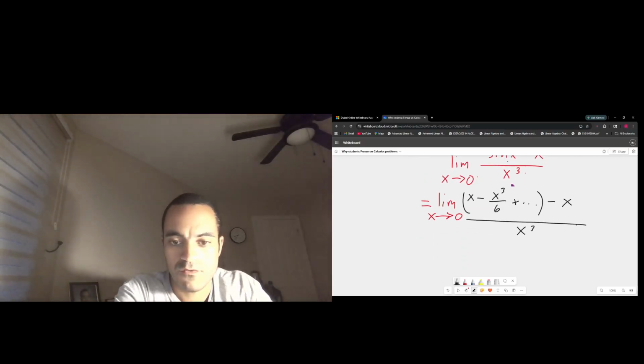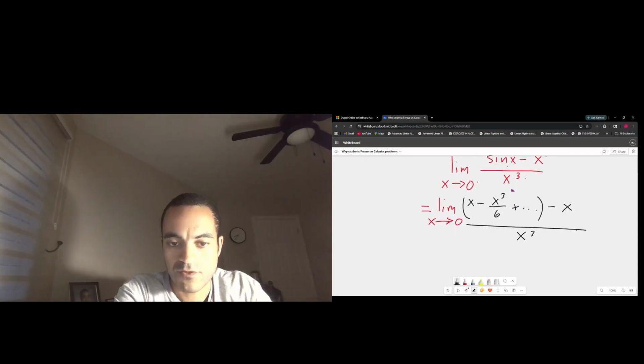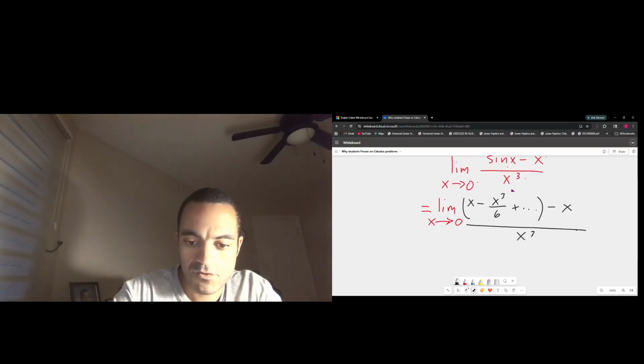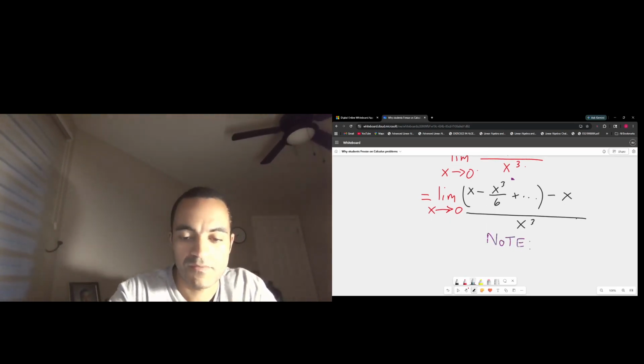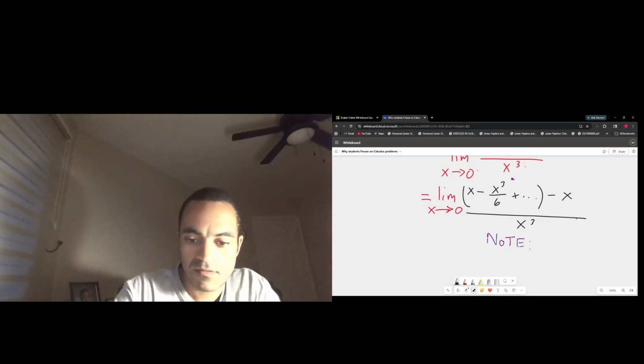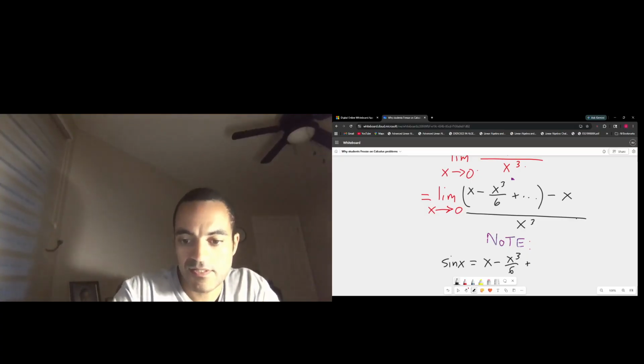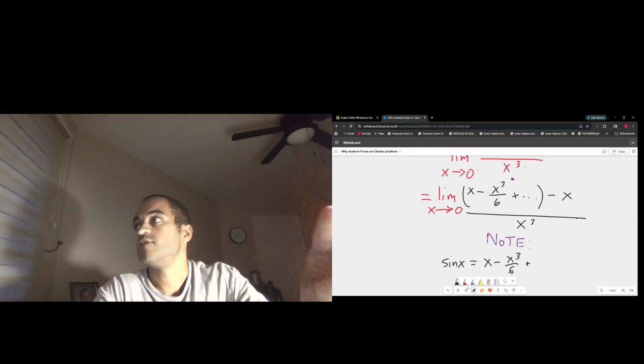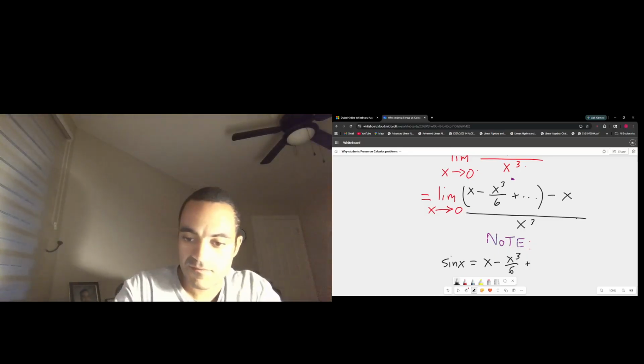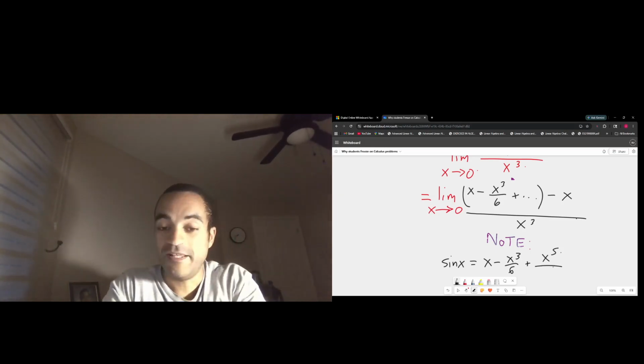I'm just using a Maclaurin expansion here. For those of you who don't know, note that sine x is equal to x minus x cubed over 6 plus x to the 5th over, I'm forgetting the next part here.